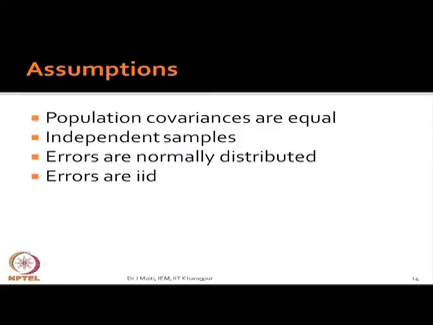What do you require to do? If you want to use MANOVA, you have certain assumptions, and those assumptions must be tested. What are those assumptions? Population covariances are equal, independent samples, errors are normally distributed, errors are IID.